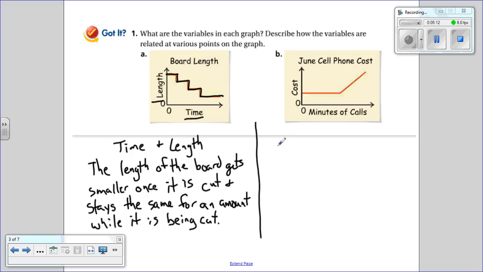For this one, what are your variables? Your variables are cost and minutes of calls. And what is this graph showing?